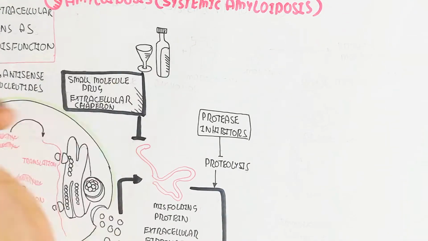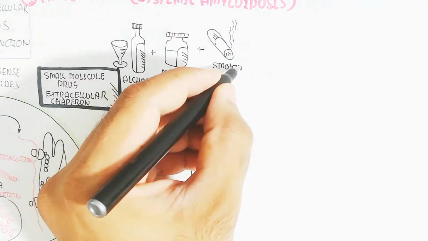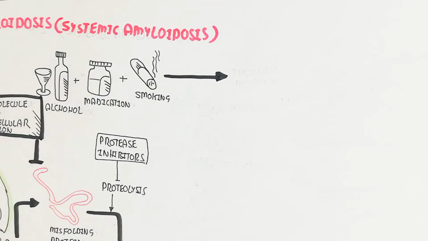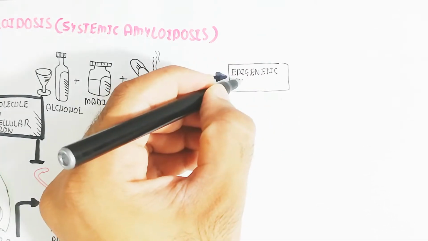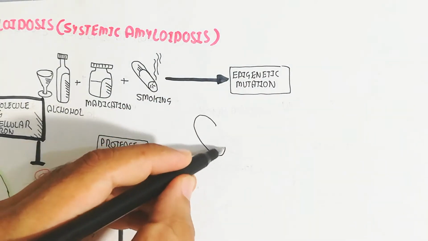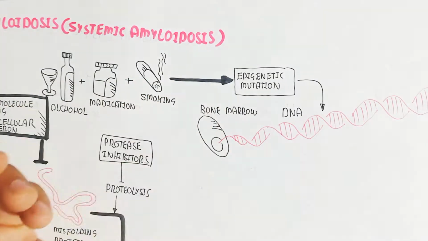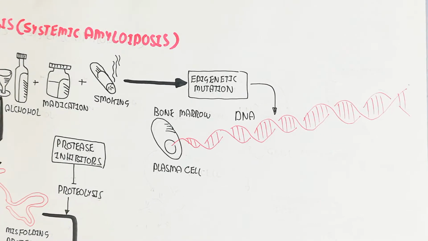So the causes are the risk factors: alcohol, medication, and smoking, which will lead to changes in the plasma cell DNA, epigenetic mutation, or radiation, aging, and gene mutation. In this way, the bone marrow containing the B cell will proliferate into the B memory cell and plasma cell.